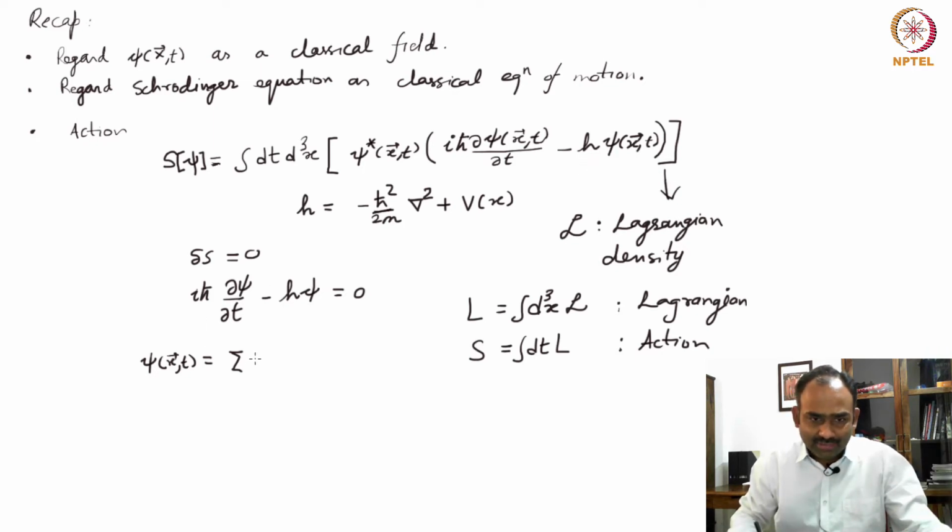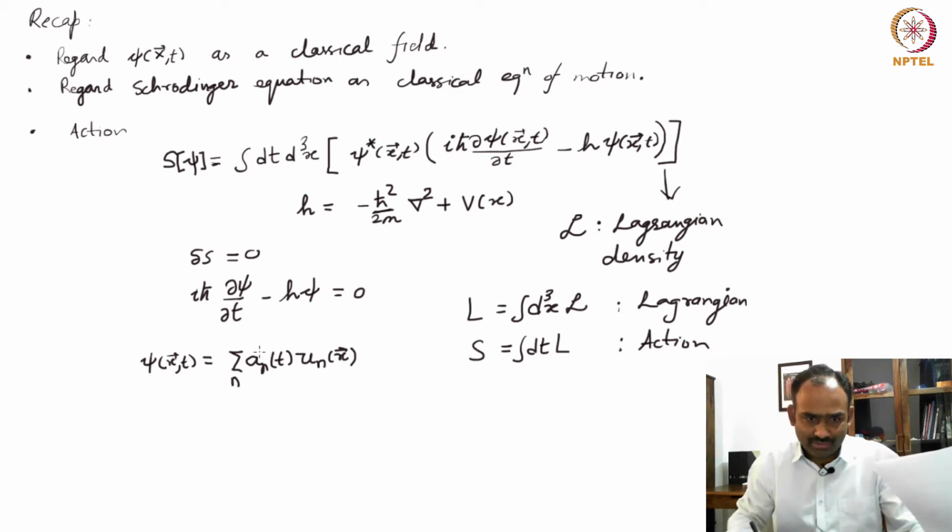So I wrote earlier the sum of a n of t u n of x. And of course, as I mentioned last time, this is a system of infinite degrees of freedom, because n runs from 1 to infinity.